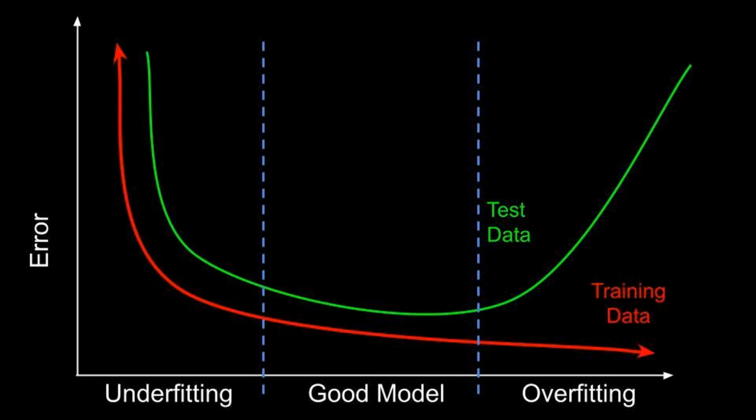As this plot shows, the underfitting model suffers from high error on both the training and the test data. The ideal model in the middle has a low error on both types of data, and the overfitting model suffers from high error on the test data but a relatively low error on the training data. Let's add our findings to this table.